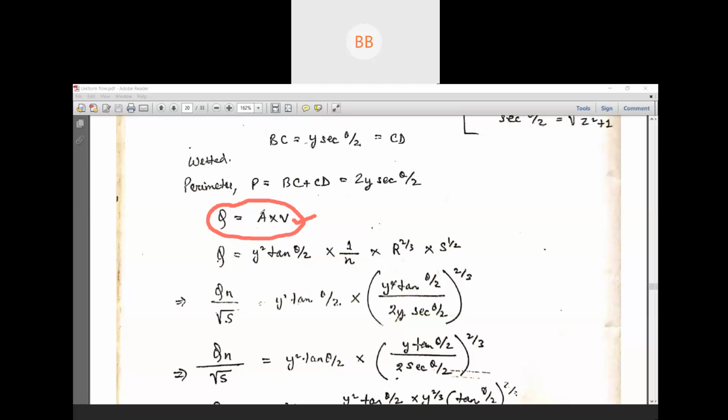Then we have already, for area, the equation zy square. Area is nothing but zy square in this case, and tan theta by 2 is equal to z. We have already.